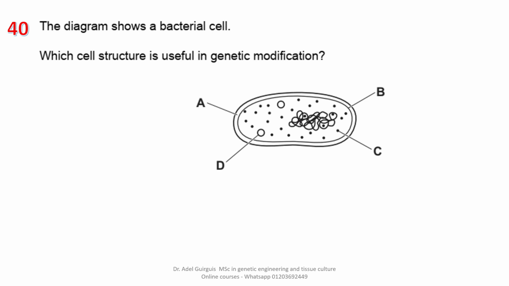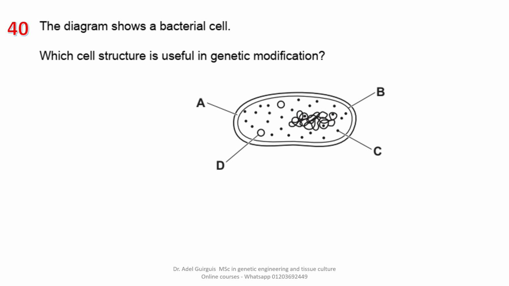Number 40. The diagram shows a bacterial cell. Which cell structure is useful in genetic modification? We use bacteria for many reasons in genetic modification. They are easy to breed or multiply by binary fission, quick, and produce a lot of bacteria in a little period of time.